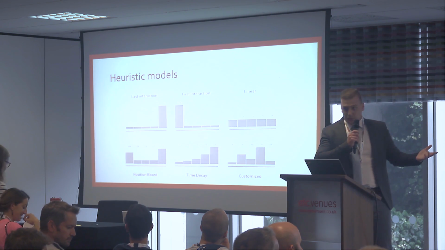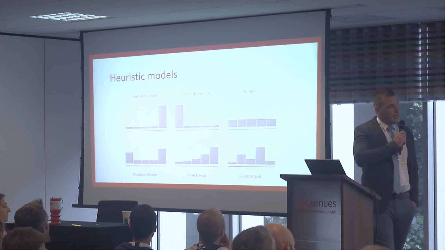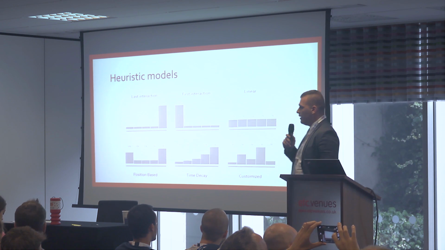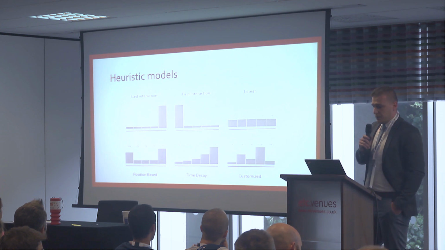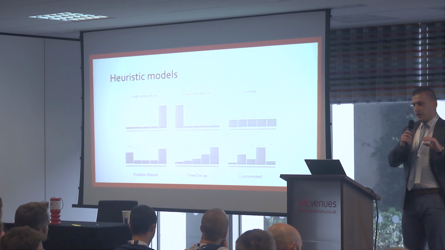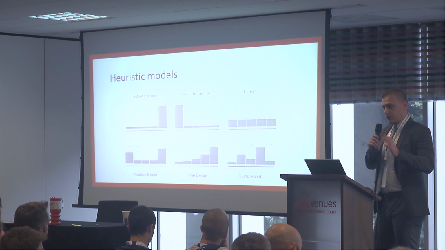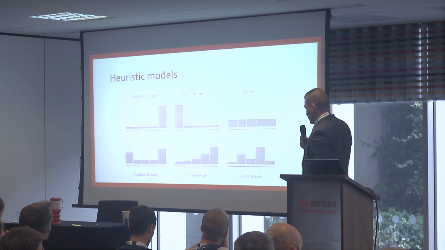It's last interaction. It's Lionel Messi. All the credit goes to him. Then we have the first interaction model. So the player who tackles the ball gets most of the credit. Then there is a linear model where each player involved in the action gets the same value for the conversion, or for the goal. And then we have some other models.